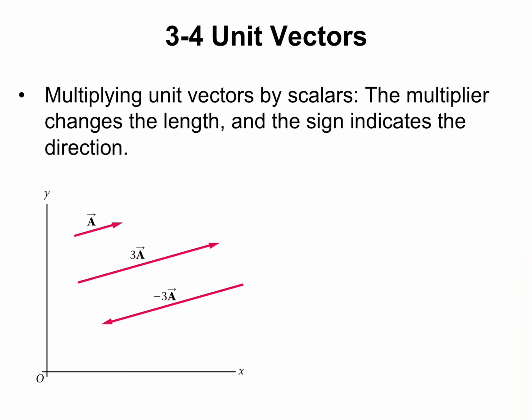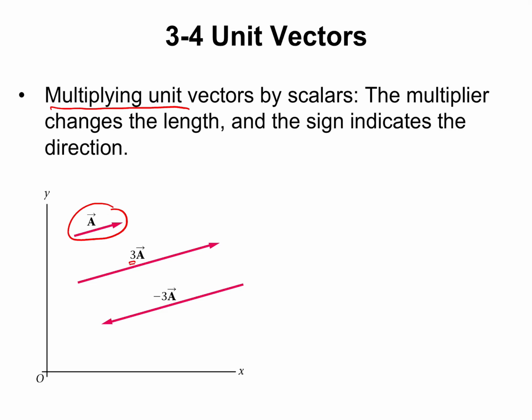So now let's talk about multiplying a vector by a scalar. Assume this is a vector A, right? So multiplying by a scalar here is, what is 3A? 3A means you make the length 3 times, you keep the direction the same, because 3 is a scalar, right?